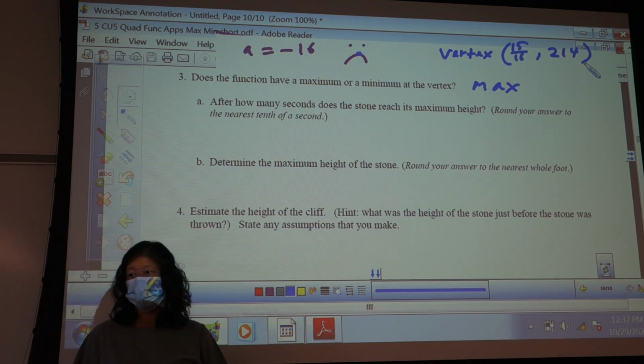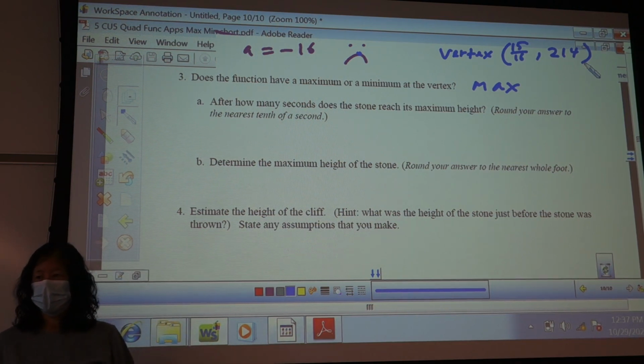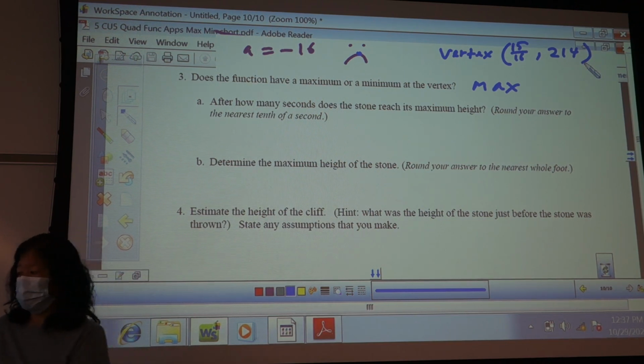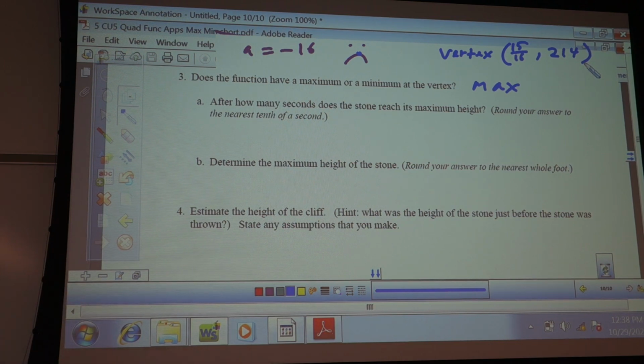As a decimal, it was 214.06. Use your calculator. What would you get for that one? What was my fraction? Tell me what the fraction was. 3425. I would do 3425 divided by 16.